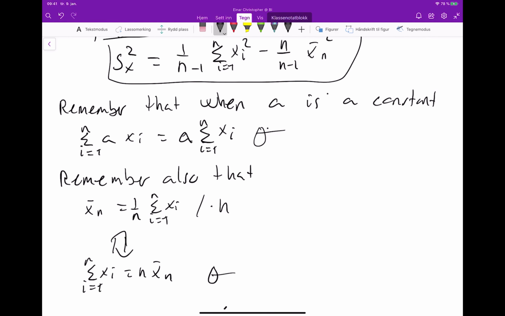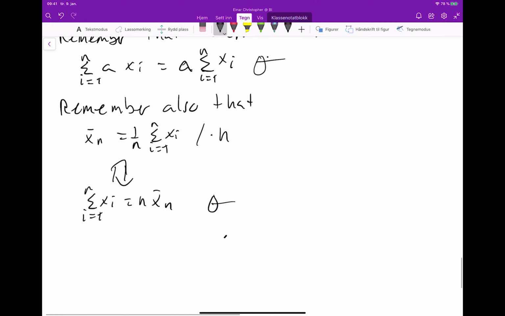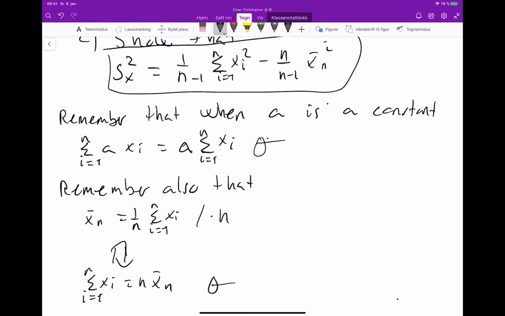We're going to use that. And also I can have a remark here. Remark: given data, x bar n is a constant. Okay?